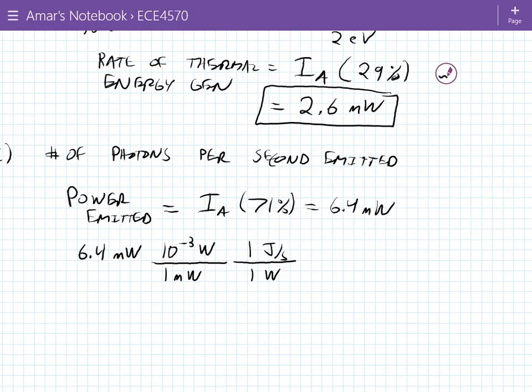All right, now we need to convert this into photons. So first we need to convert joules into electron volts. 1.6 times 10 to the negative 19 joules is equal to 1 electron volt.